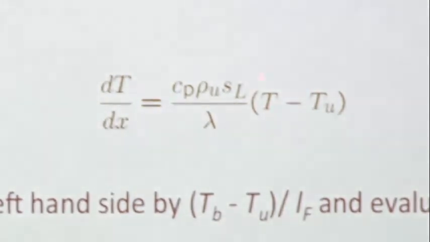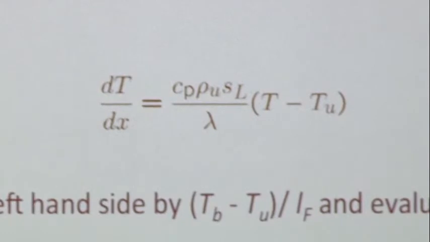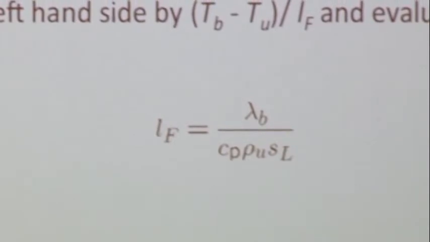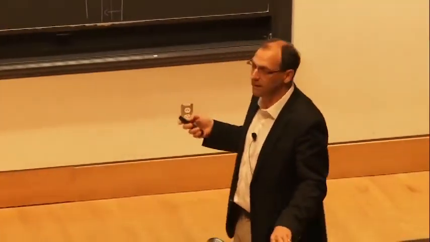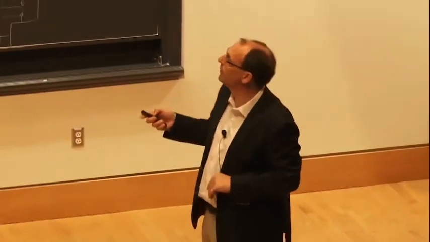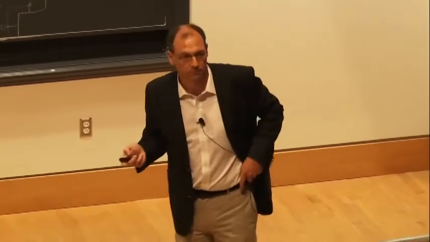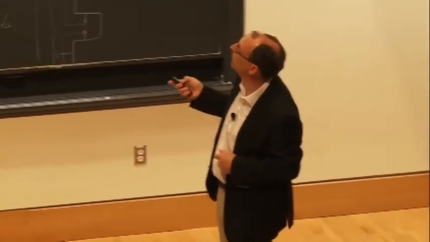So if you set this T equal to Tb, then you get for Lf the same thing we defined earlier. So what we had defined earlier was not just the scaling argument that roughly scales with a flame thickness. It is something that, using the thermal flame theory, gives you exactly this definition. That's just something to keep in mind.